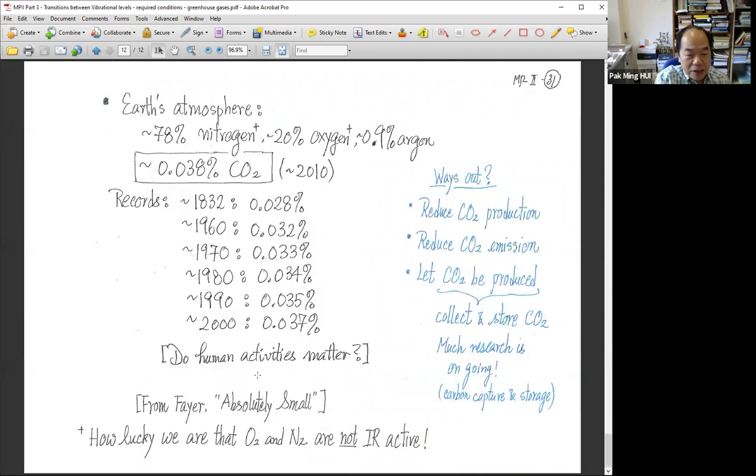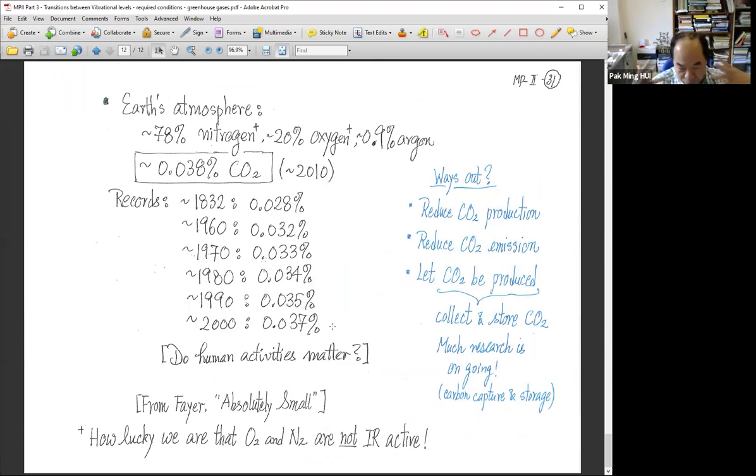So here is just some data about how much carbon dioxide is in the atmosphere over 170 years, okay? Data says it is increasing, all right? So is it due to human activity or some other things, volcano, whatever, okay?